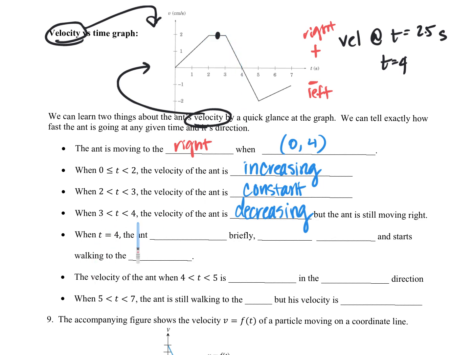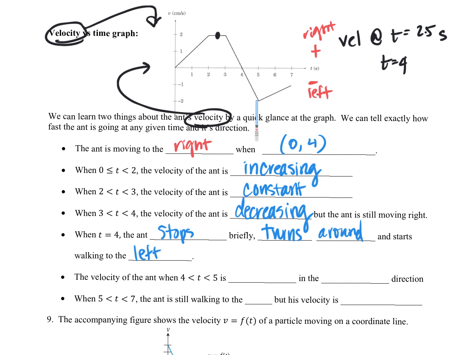Then at 4, the ant does what? Stops briefly, just for one quick moment in time. Then what does he do? Turns around, then does what? Starts walking to the left. The velocity of the ant, this is hard, between 4 and 5 is doing what?